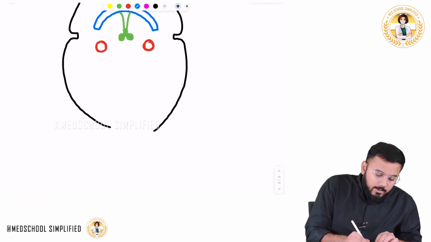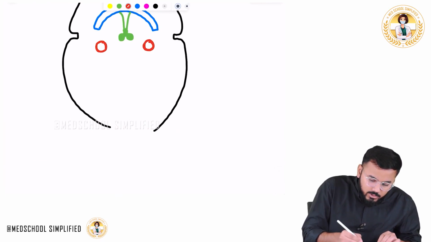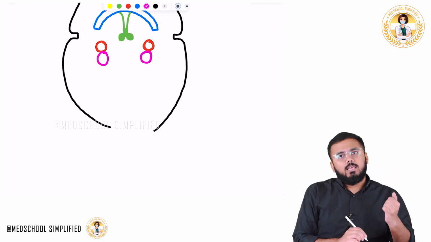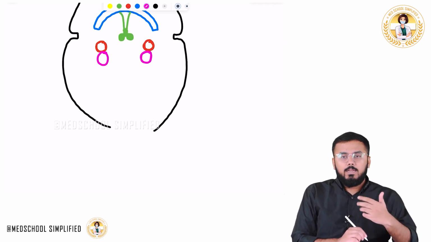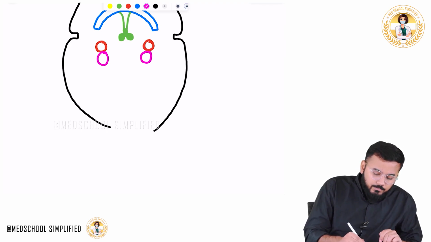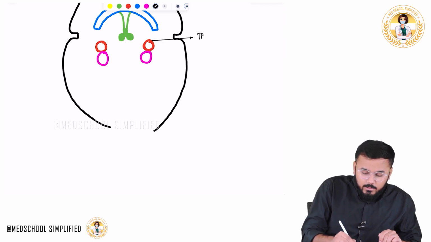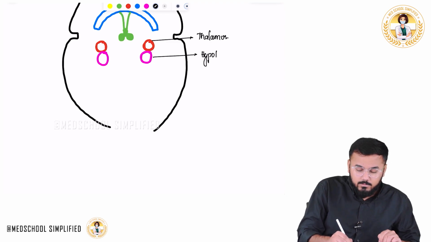So beneath the thalamus over here, I have got another structure like this, and this structure is called the hypothalamus. One thalamus is on the right, one thalamus is on the left. One hypothalamus is on the right and one hypothalamus is on the left over here. So this is your thalamus, and this structure over here is your hypothalamus.